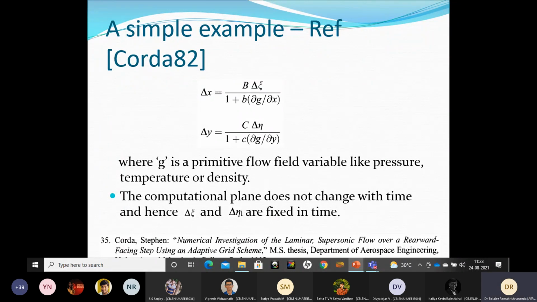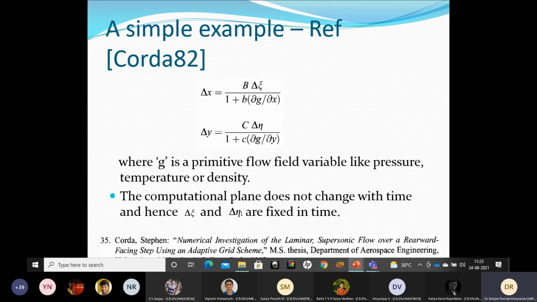Now for every increment of delta Z and delta eta on the right hand side, you can compute what the delta X and delta Y are. If dou g by dou x is more, obviously delta X will be smaller. If dou g by dou x is less, which means less flow gradient, delta X will be larger, which means you can relax the flow there. Similarly, delta Y also. This is one of the ways in which you can look at it.